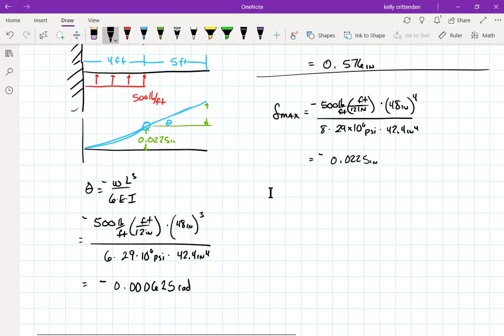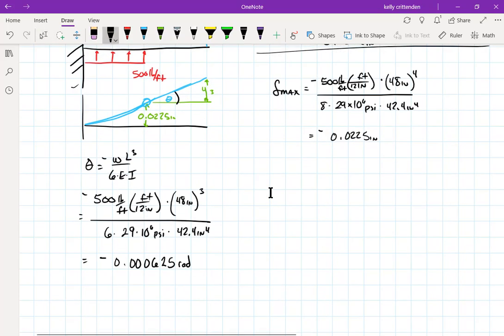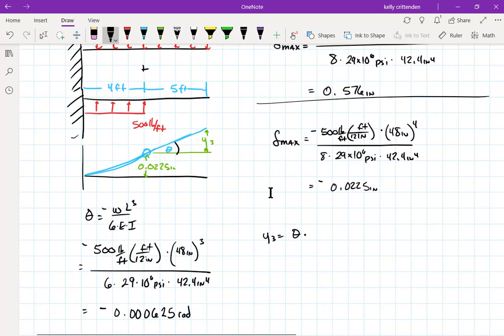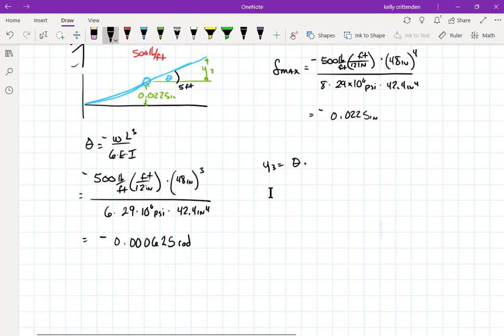Then, so that's this angle measurement. This y that I need to know, y3, we'll call it, y3 equals theta that we just calculated times the 5 foot radius of this arc that we're making.